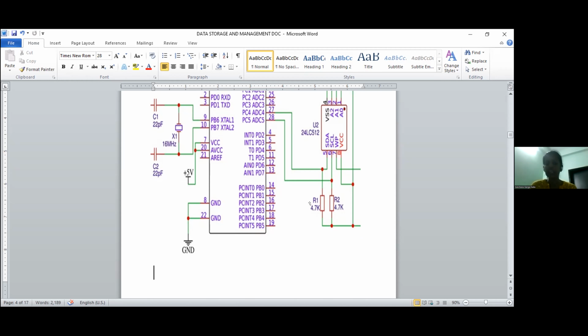These two are the resistors which we use in the block diagram. We have seen resistors, right? So these two are resistors, this is the oscillator, and this is the Arduino board. Similarly, we connect pins 8 and 22 to the ground and the crystal pins to pins 9 and 10. After that, we connect the resistance to the positive and negative ground. These are the interrupt pins and receiver and transmitter pins. This is the connection for the Arduino.